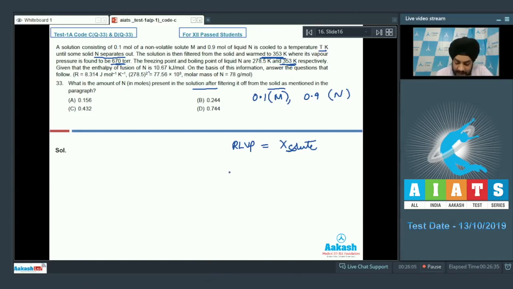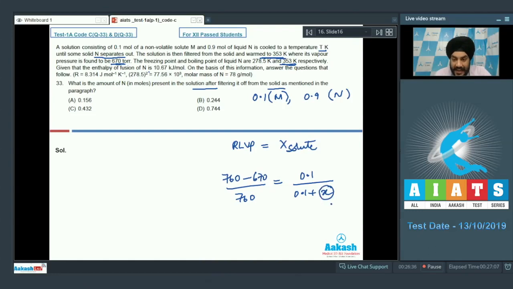So the relative lowering in vapor pressure will be 760 minus the pressure which is actually exerted, which is 670, upon 760. This shall be equal to the moles of solute, which was 0.1, upon 0.1 plus the number of moles of N. So we can assume that to be X, students.